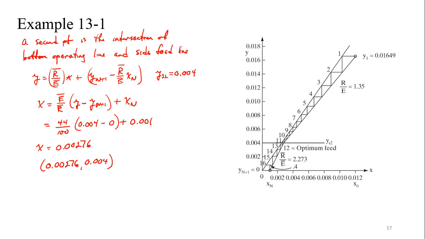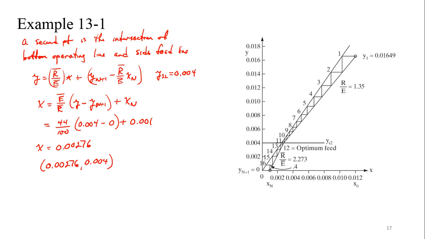We plot the top operating line either using this point here, where the side feed intersects with the bottom operating line, the known slope, or we use this point up here, which we calculated with a known slope. Put both of those in. Again, just to reiterate, our two operating lines are crossing each other right on our feed line, the optimum feed location.